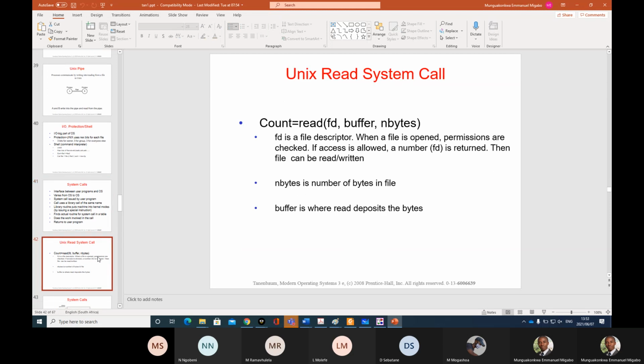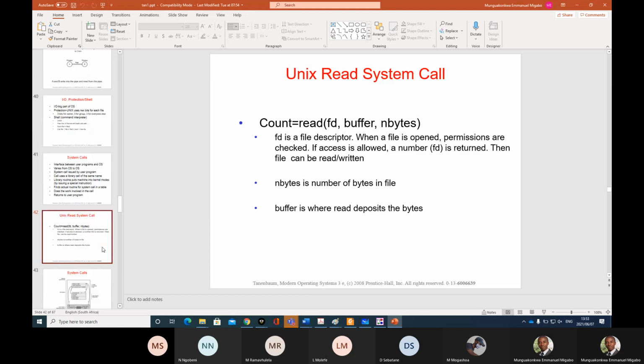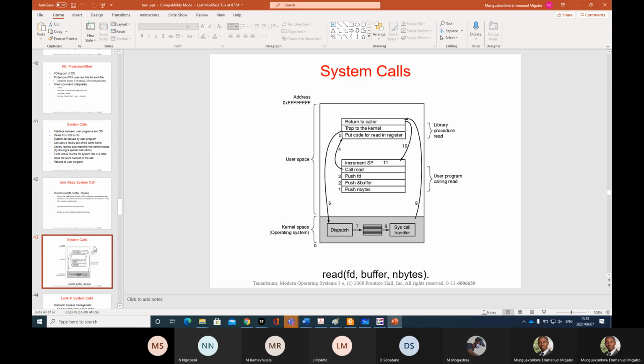So we've looked at the Unix read system call and its three major parameters as we discussed, as well as its return. We looked at its actual diagram, but I'll explain this a bit more now. As you've noticed, SP is involved. The stack is involved in a read call on Unix.